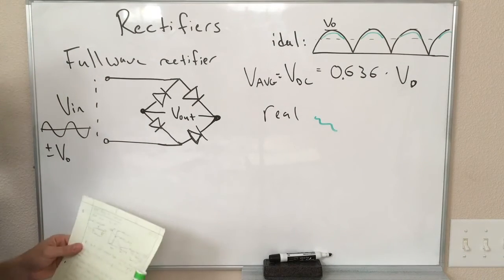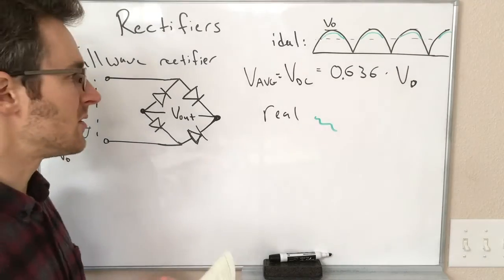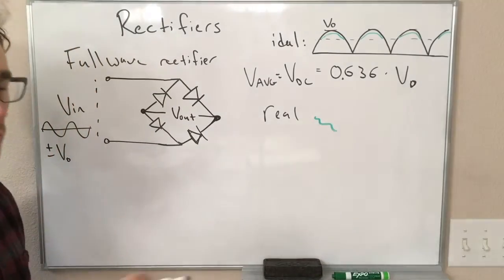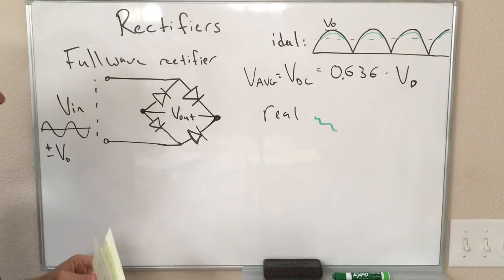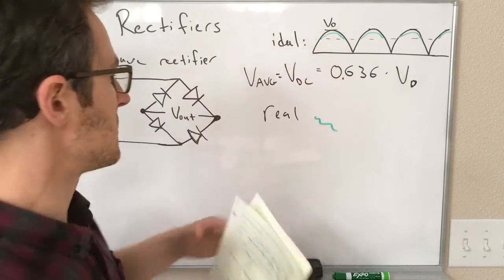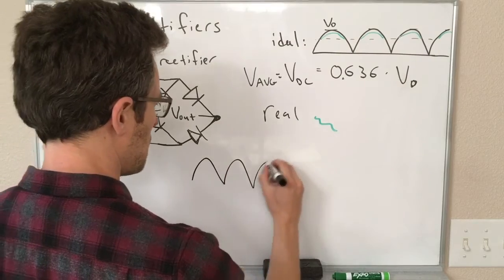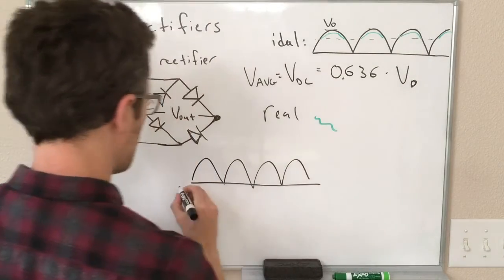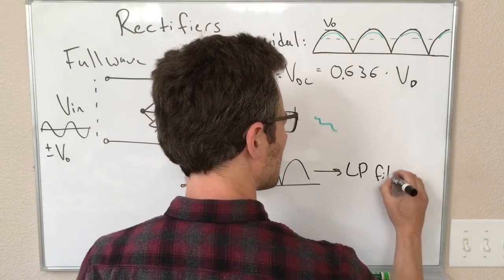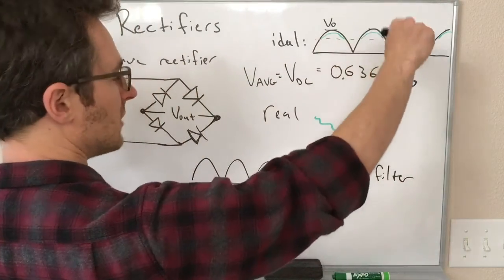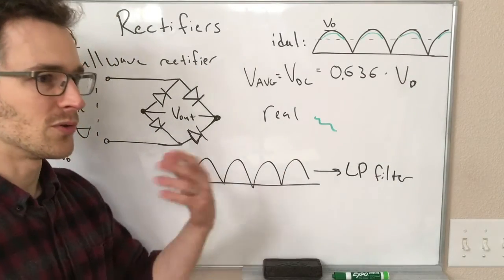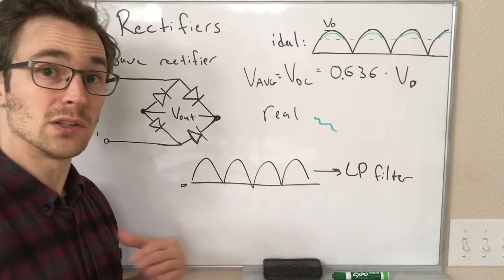All right, so the full wave rectifier and the half wave rectifier are very useful in building power supplies. We will learn about this later, but I will give you the cartoon version now, which is that if we take this signal that looks like this, and we put this through a low-pass filter, the low-pass filter can remove all of this oscillation, those frequencies, and leave us with only the very low frequencies.